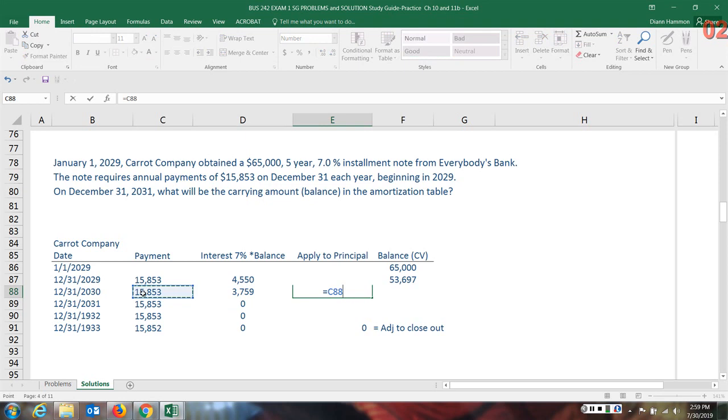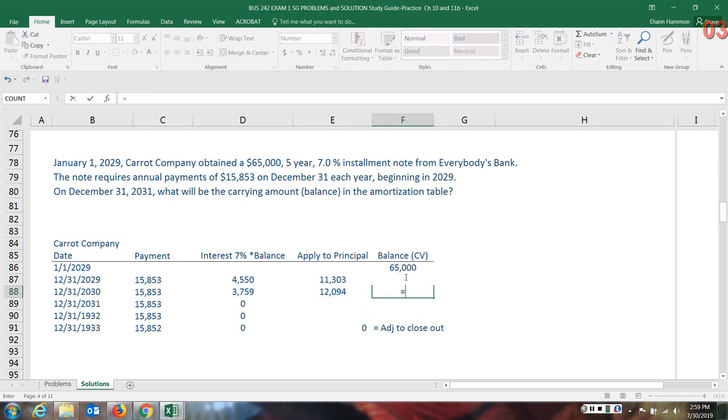So how much to apply to principal? We'll take that full payment, $15,853. We'll subtract the amount, and I'm just selecting the cell here, you see to be D88. Notice D at the top, and then 88 is the number over on the left. So I'm subtracting that amount. $12,094 will be applied to principal for this payment.